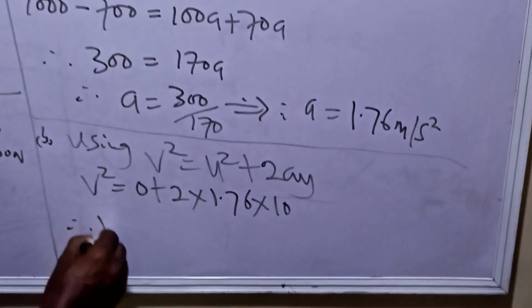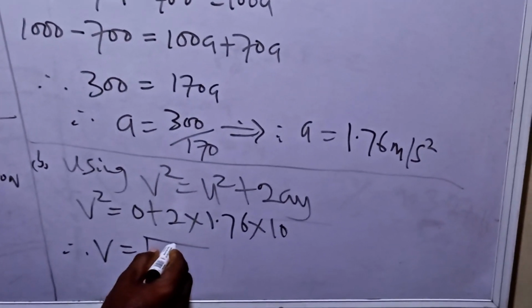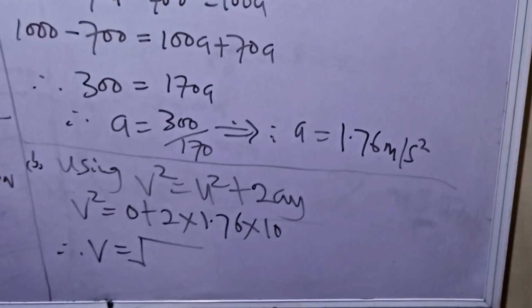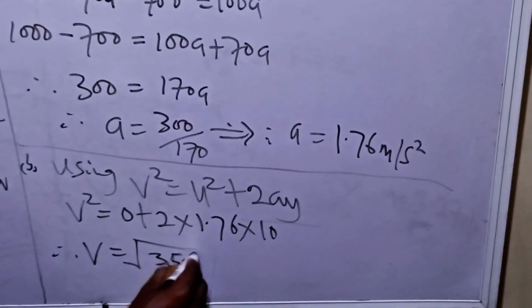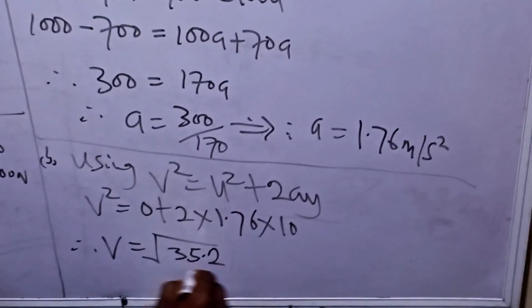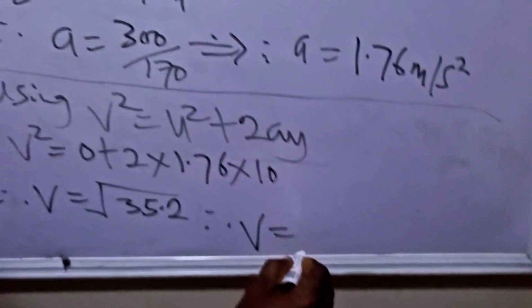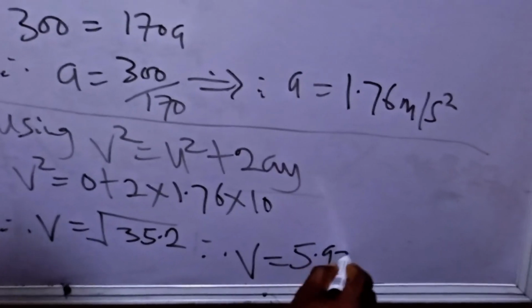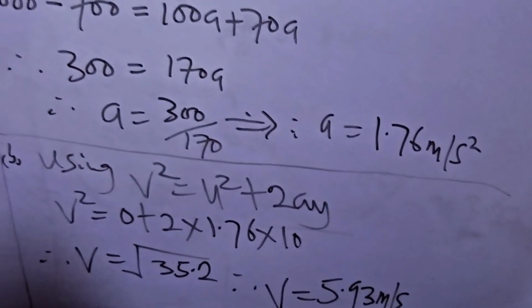Now V here equals the square root of 2 multiplied by 1.76 and by 10, which is 35.2. Therefore, the root of 35.2 gives V equals 5.93 meter per second. As simple as that.